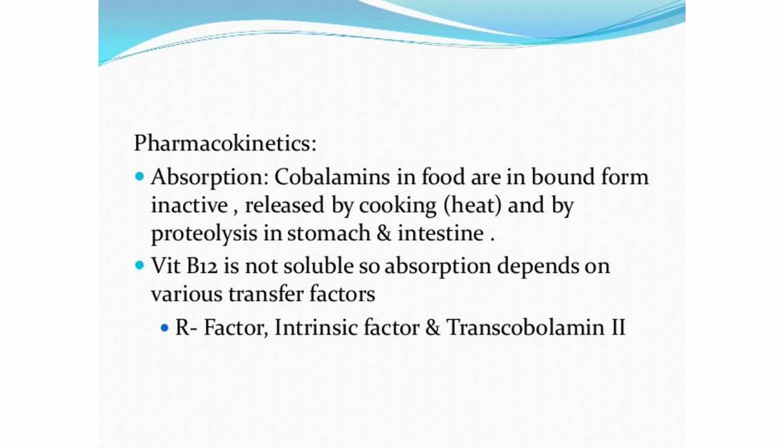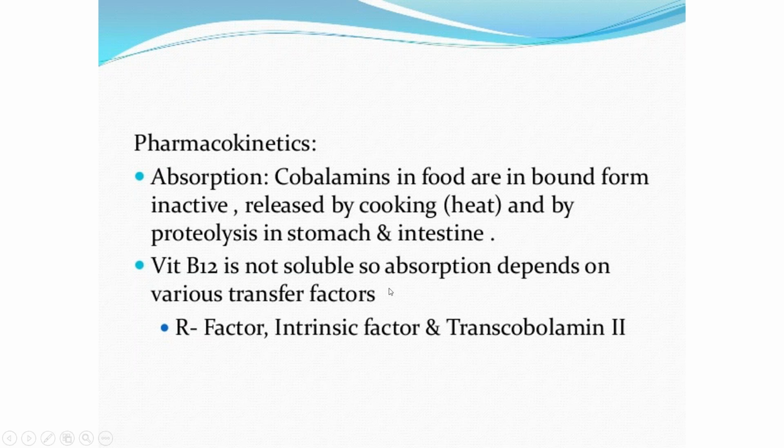How is vitamin B12 absorbed? That's also important, generally you are asked. The cobalamins in food are found in the inactive form. It is released by cooking or by proteolysis in the stomach and the intestine, which I will show in the next slide.